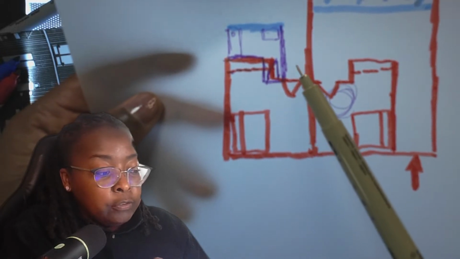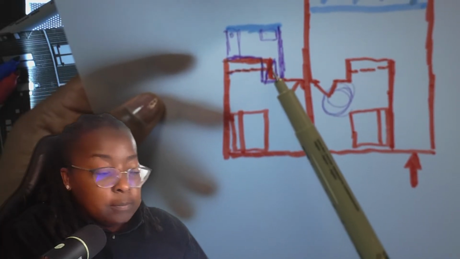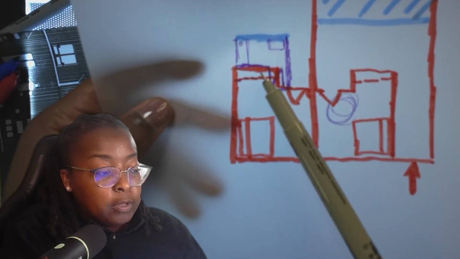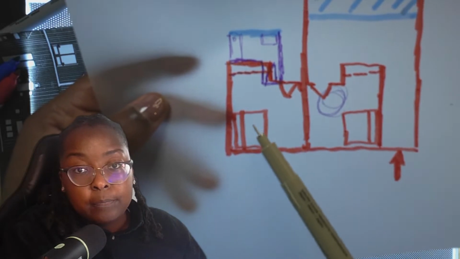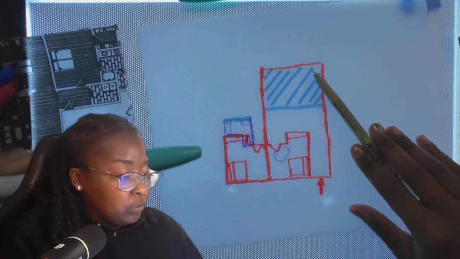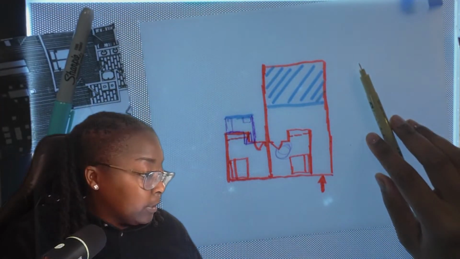This is our main entrance to the room. If we go through the closet by adding a door, we're able to make the bathroom en suite to this bedroom. So let me draw out my new wall line. Where is my black?